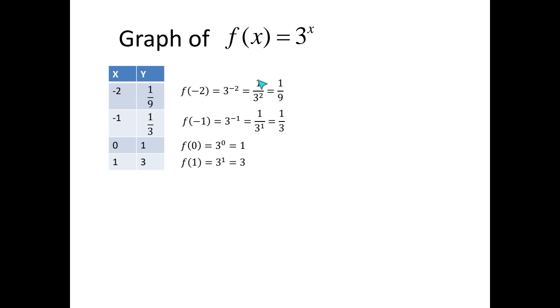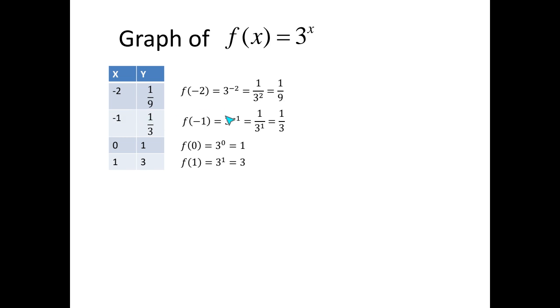So I have a table of values here. In chapter 1, we learned how to plot points. So if x is negative 2, we're going to replace x with negative 2. So we get 3 to the negative 2. Whenever we have a negative as an exponent, we can rewrite it as a fraction. So we get 1 divided by 3 squared, and 3 squared is 9, so we get 1/9.